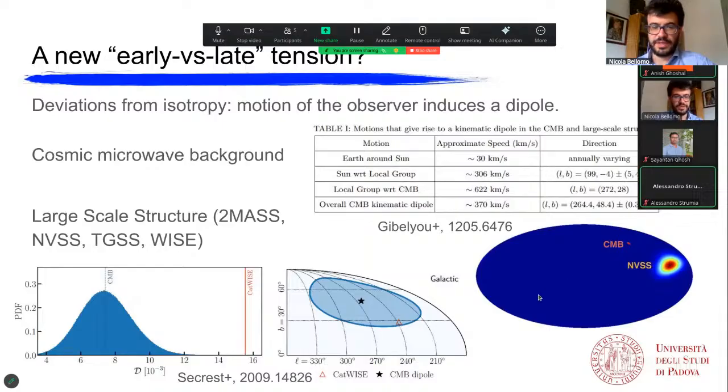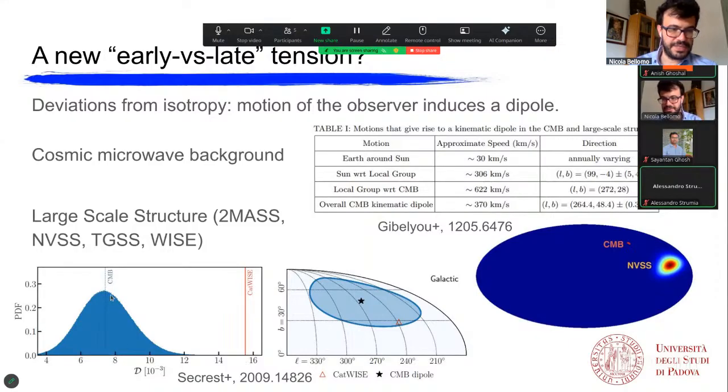This is also common to multiple large-scale structures. You can do it with galaxies, radio background, quasars, all return a dipole that is, let's say, shifted down and to the left in these coordinates. Apart from the position, you can also see that the amplitude is way larger, here let's say a factor of 10, so one order of magnitude larger.